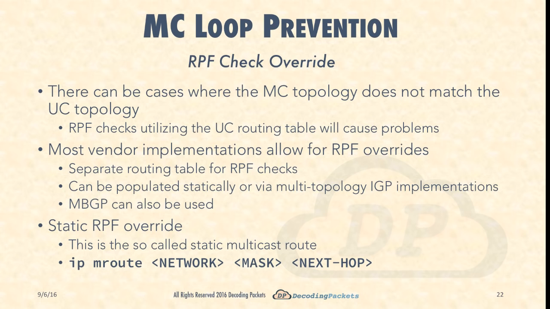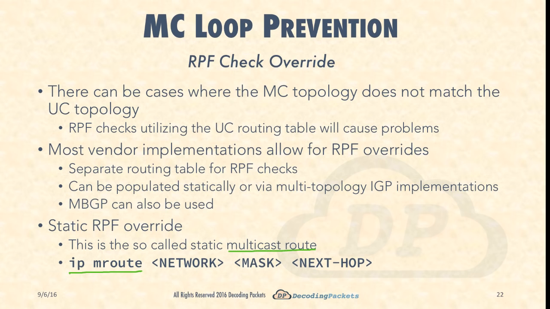And finally, the easiest one is the so-called static multicast route. It is called the static multicast route, I'm assuming, because of the actual command on the Cisco routers. The actual command is ip mroute, which makes you think of the ip route command, which actually does set a static unicast route. But ultimately, ip mroute is really just an RPF override.